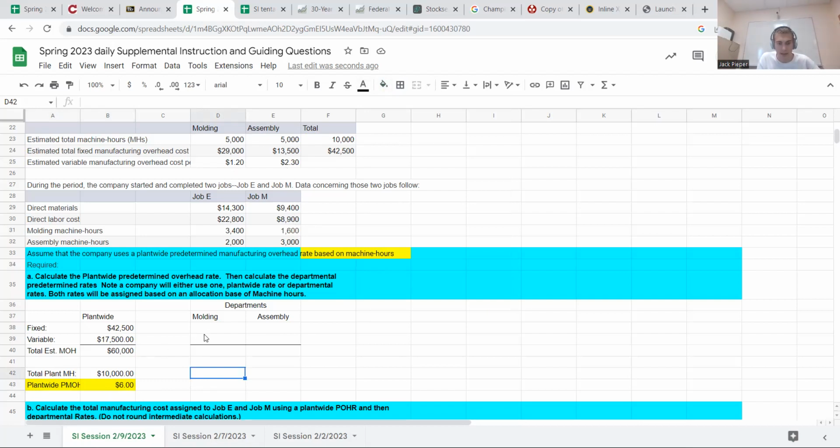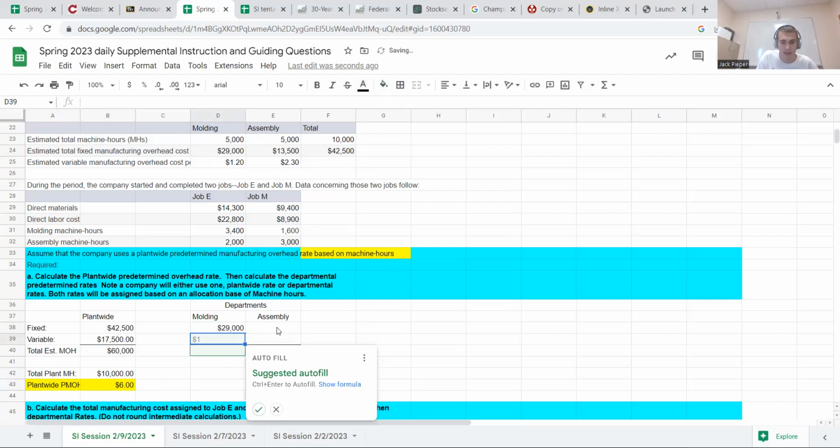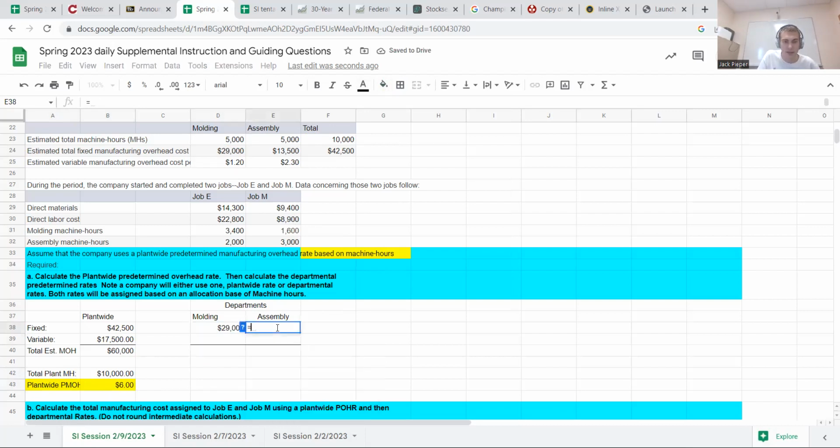Now for molding, by now doing the departmental overhead rate, we're gonna get different rates for different departments because they have 2 separate costs to them. So for molding, we'll take the fixed cost of the molding, okay? And then I'm gonna take the fixed cost of the assembly right here. Cool. Now I can take the total variable cost of the molding.